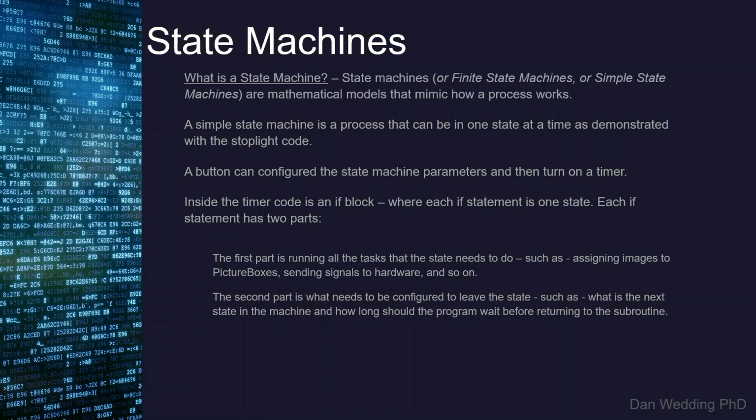Each if statement has 2 parts. The first part is running all the tasks that the state needs to do, such as assigning images to picture boxes, sending signals to hardware, and so on. The second part is what needs to be configured to leave the state, such as what is the next state in the state machine, and how long should the program wait before returning to the subroutine.